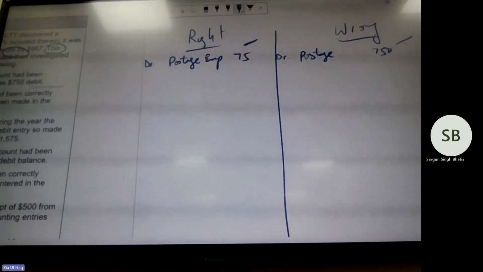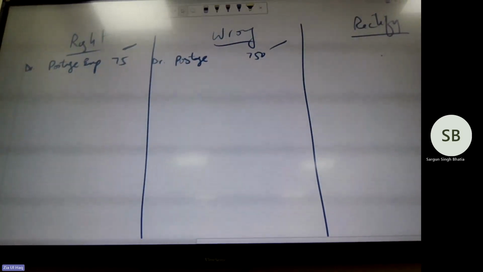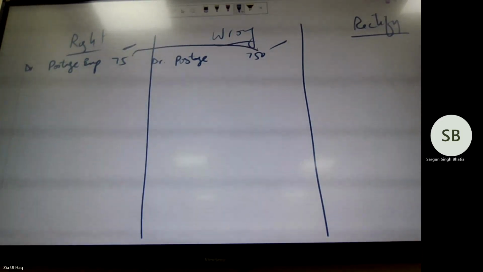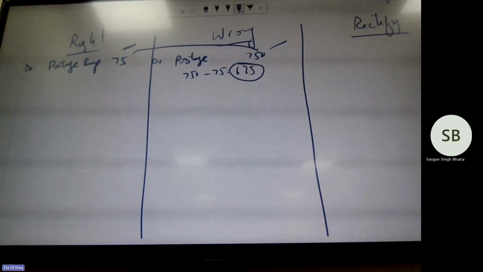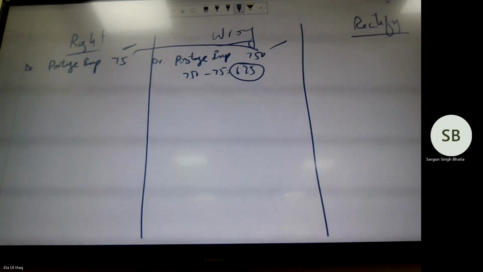How can we rectify this? The debit is more by 750 minus 75. What's the difference? 675. You have recorded postage expense on the debit side more by 675. How can you rectify this?